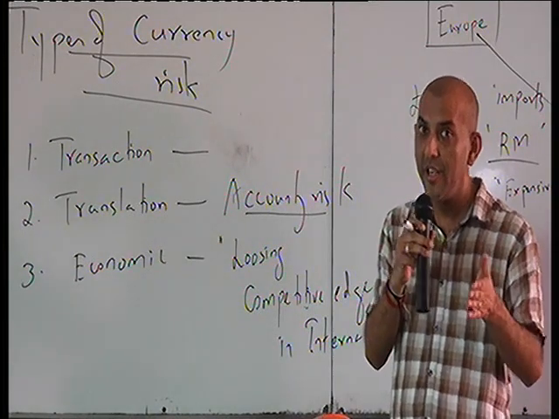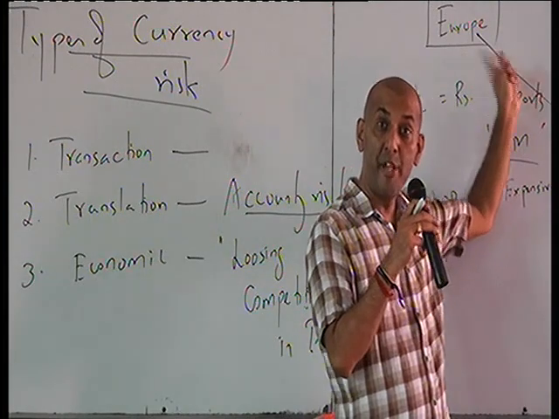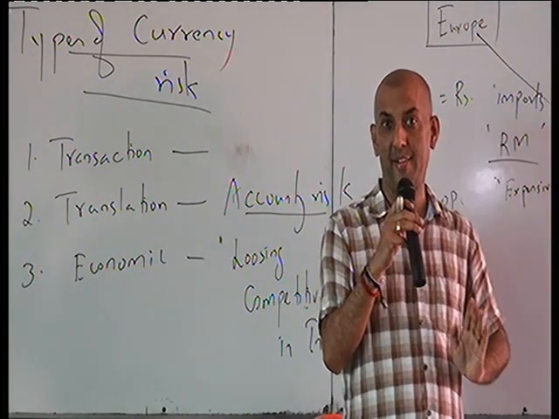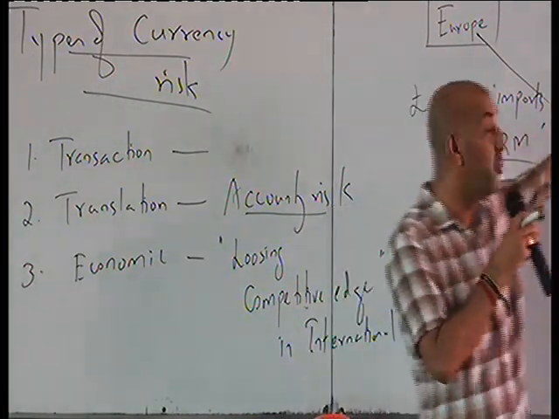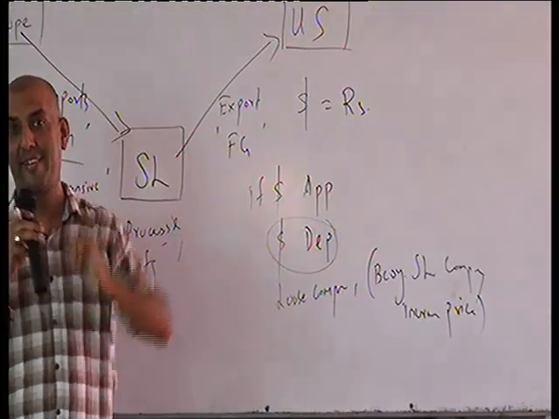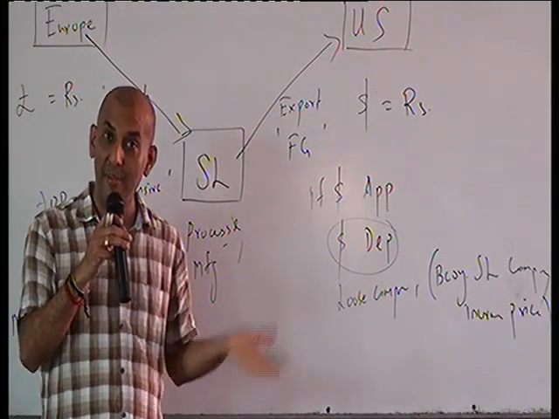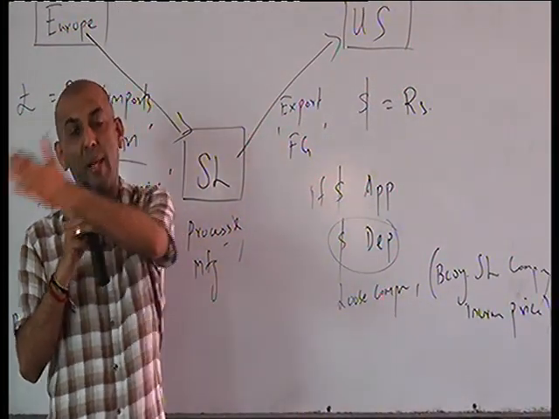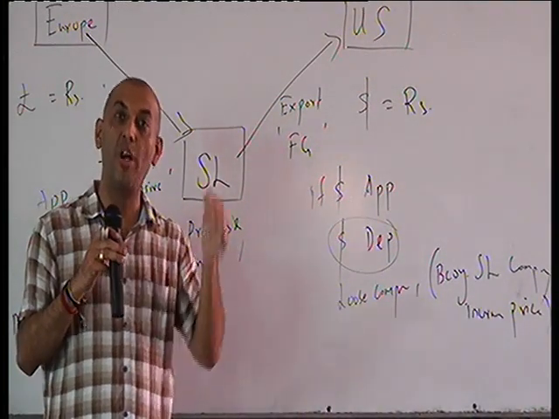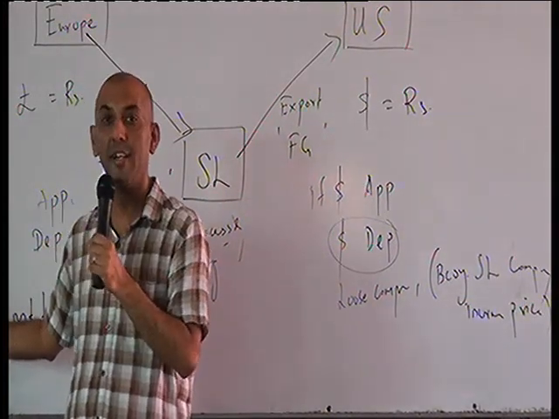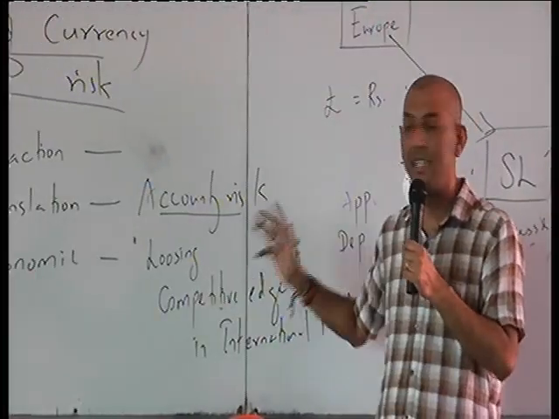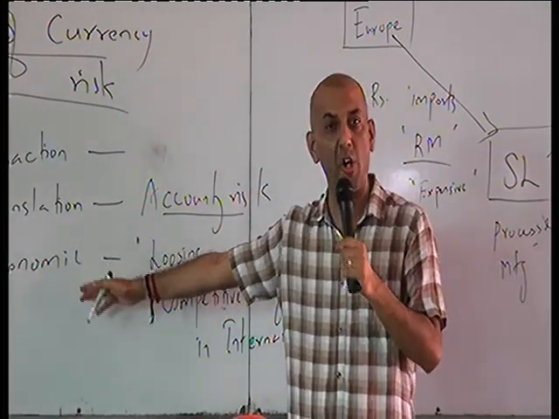You shift your supplier from Europe to another country, or shift your US customer to another country. Either you shift your customer or your supplier to avoid losing the competitive edge. This is the solution for economic risk.